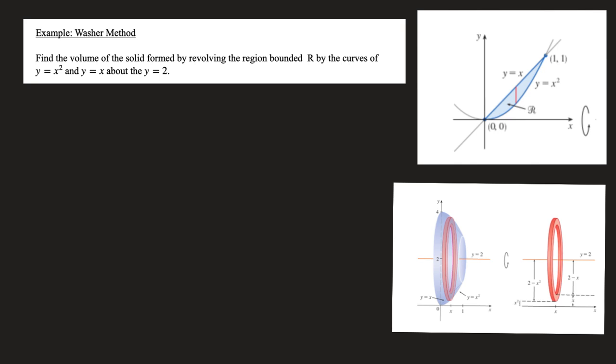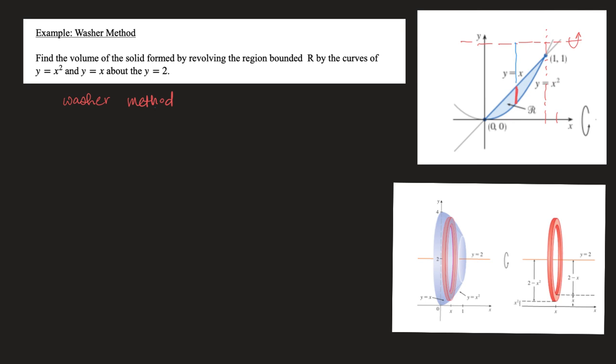That's the difference, guys: y equals 2. It's a horizontal line parallel to the x-axis, so we rotate around it. First we sketch the rectangle perpendicular to this rotating axis, and here there is a hole, so we use the washer method.